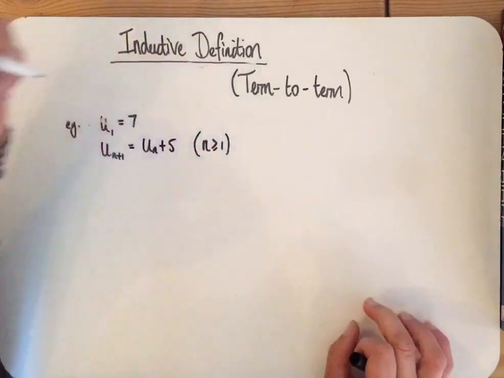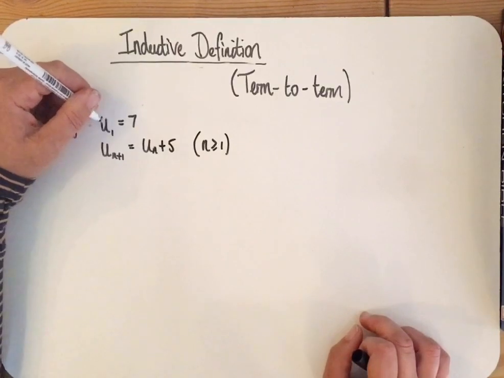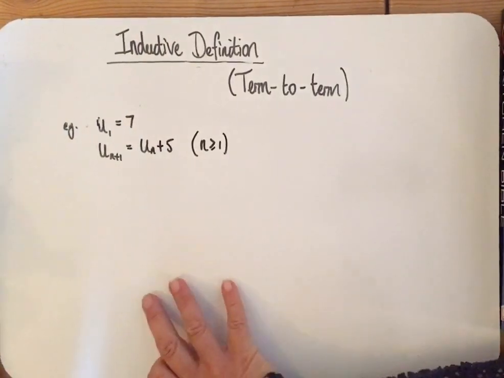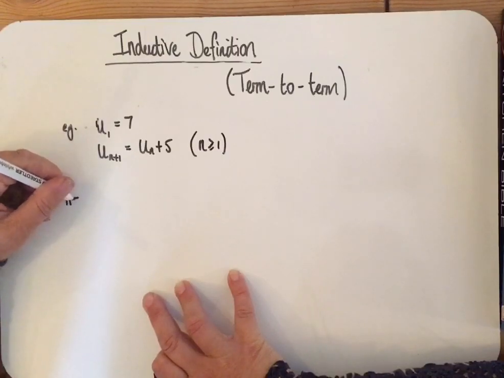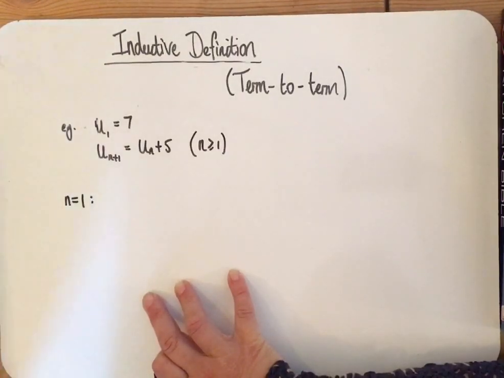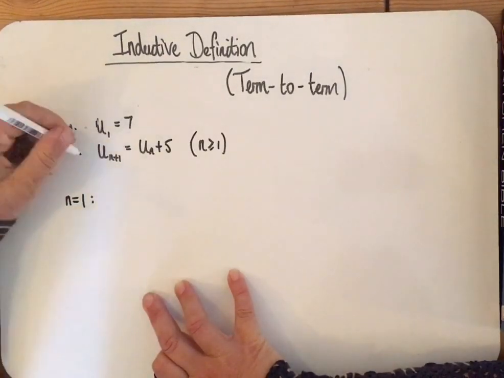Generally it's at 1. So, you do the same thing. If I let n equal 1, I'm plugging into here.